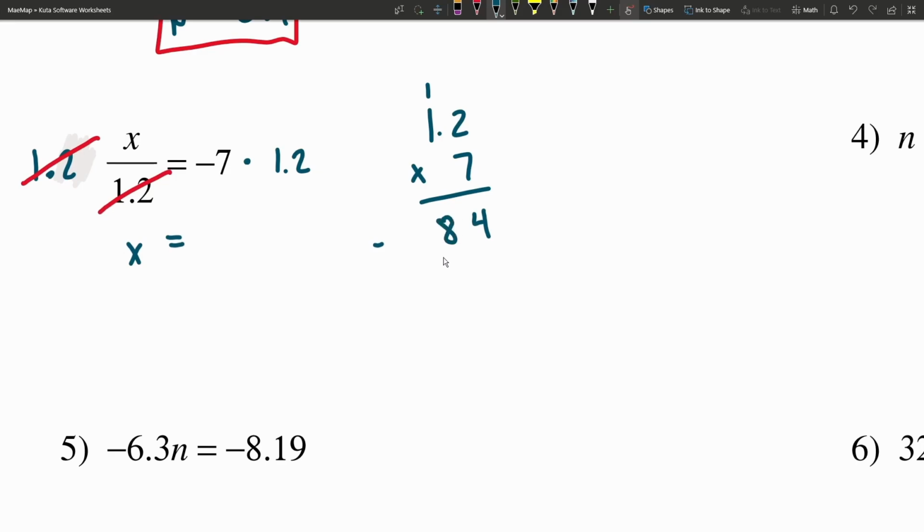But 84 obviously doesn't make sense for this problem, and that's because I have to remember my decimal. My decimal is 1 place over, so I'm going to move it 1 place over. That's going to be a negative 8.4. So negative 8.4 is x for number 3.